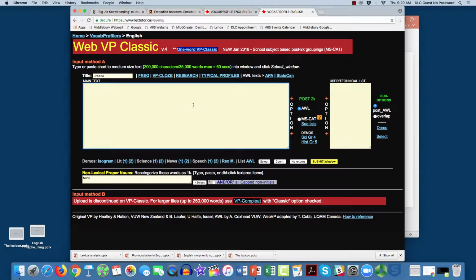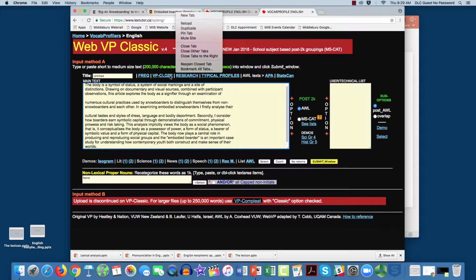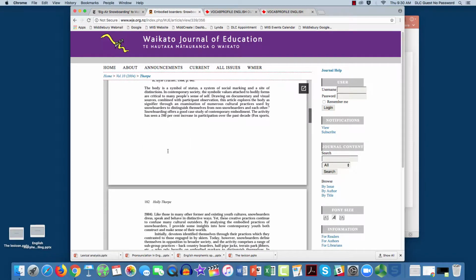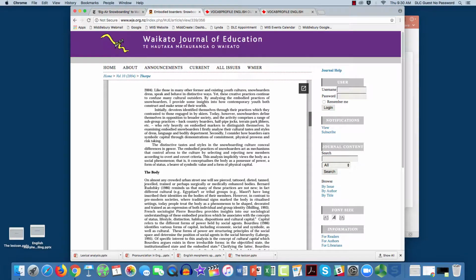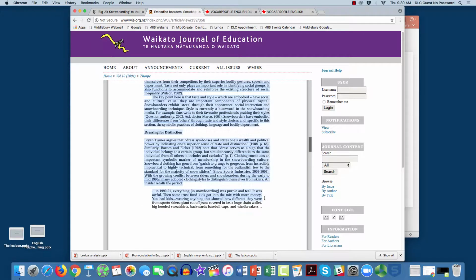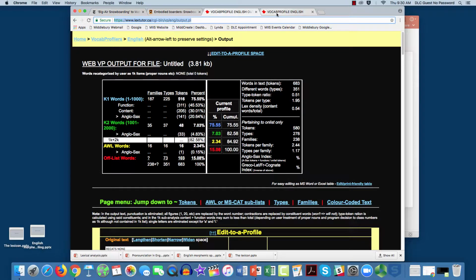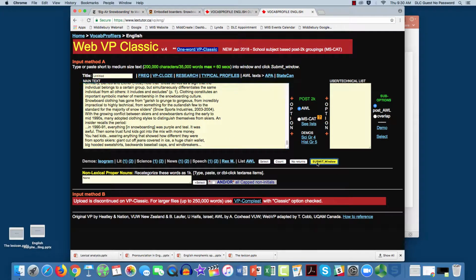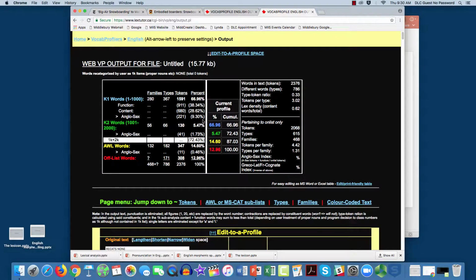I'm going to enter some of the text from this academic article, and I want to get a sense of how different the language used in this academic article on snowboarders is from the language used in the newspaper article about snowboarders. So I'll add all of that in, and I press submit. And let's make some comparisons.